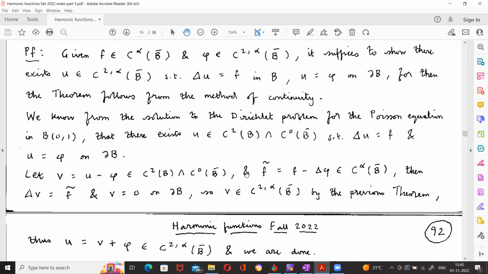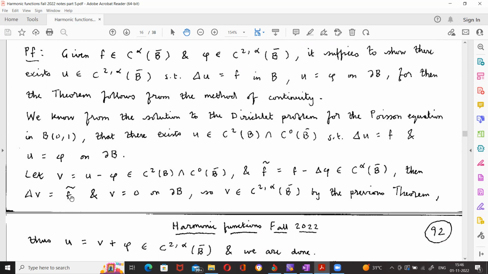And we let F tilde be F minus Laplacian phi. This is in C alpha B closure because phi is in C2 alpha B closure, so Laplacian phi is in C alpha.